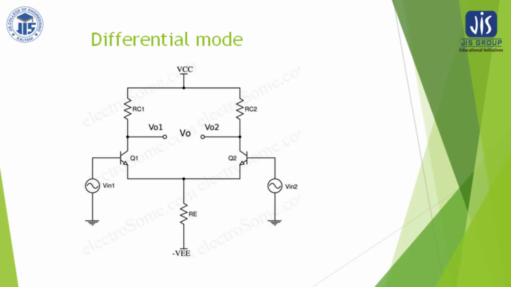So first we will describe the differential mode of operation. In the differential mode, what we are doing is taking one input inverted and applying it to the other input. That means in differential mode, our V1 is equal to minus V2 and equal to Vd, say.